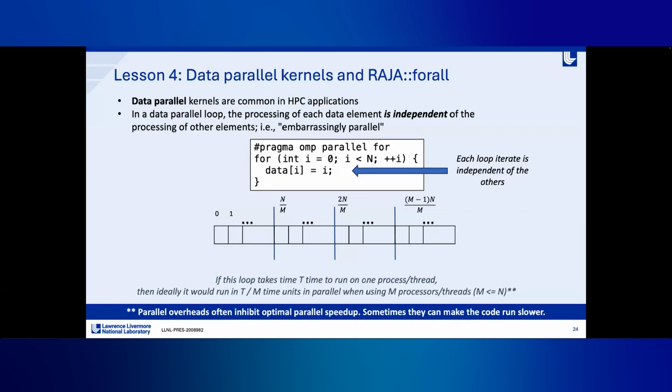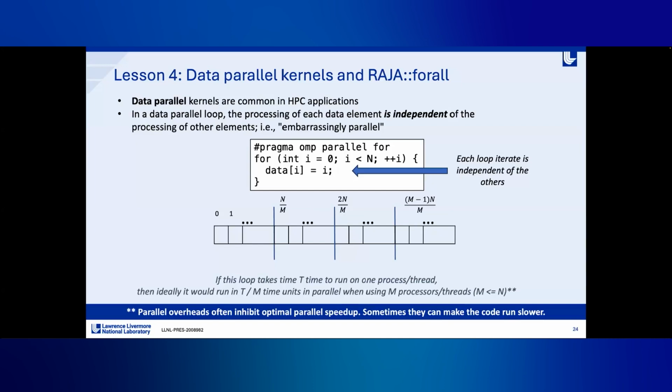So if you think of M as the number of threads available to parallelize work, and we have an array of size N, then theoretically, if it takes T time in serial to perform this data parallel kernel, using M threads it should take T over M time. That's just because there's no interdependence between the work, and if all the threads are working perfectly in parallel and there's no overhead, that's how long it should theoretically take.